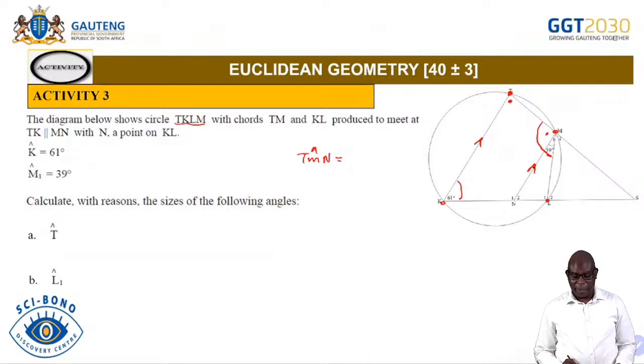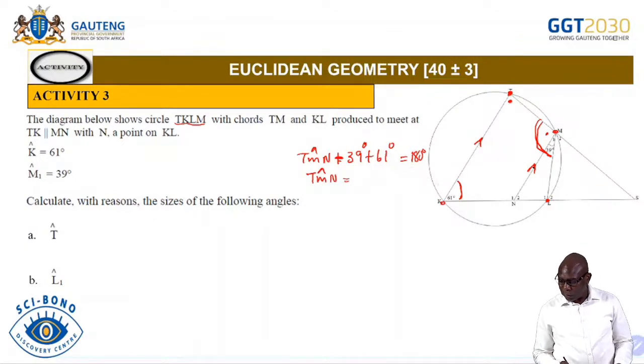The reason being, these two angles are supplementary because they're opposite angles of a cyclic quad. Right, so TMN plus 39 plus 61 will give me 180 degrees. So opposite angles of a cyclic quad. So in other words, TMN will be equal to 180 degrees minus 100. So TMN there will be equal to 80 degrees.